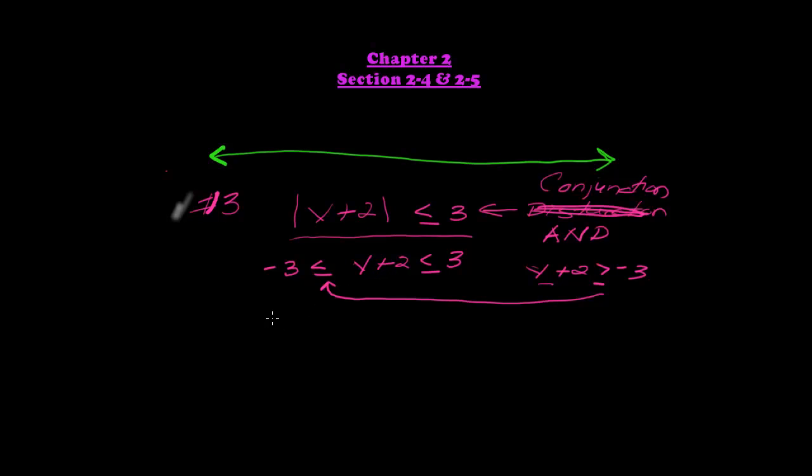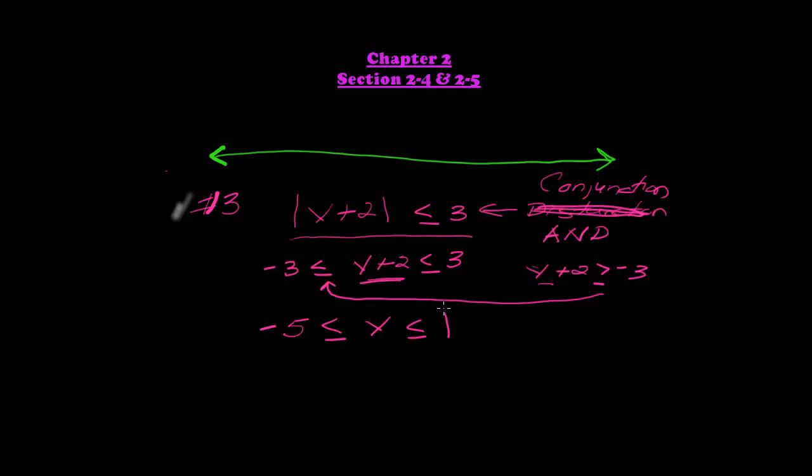Now, similarly, we solve this here. Add negative 2 here, and we get negative 5 less than or equal to y. And we add negative 2, less than or equal to 1.